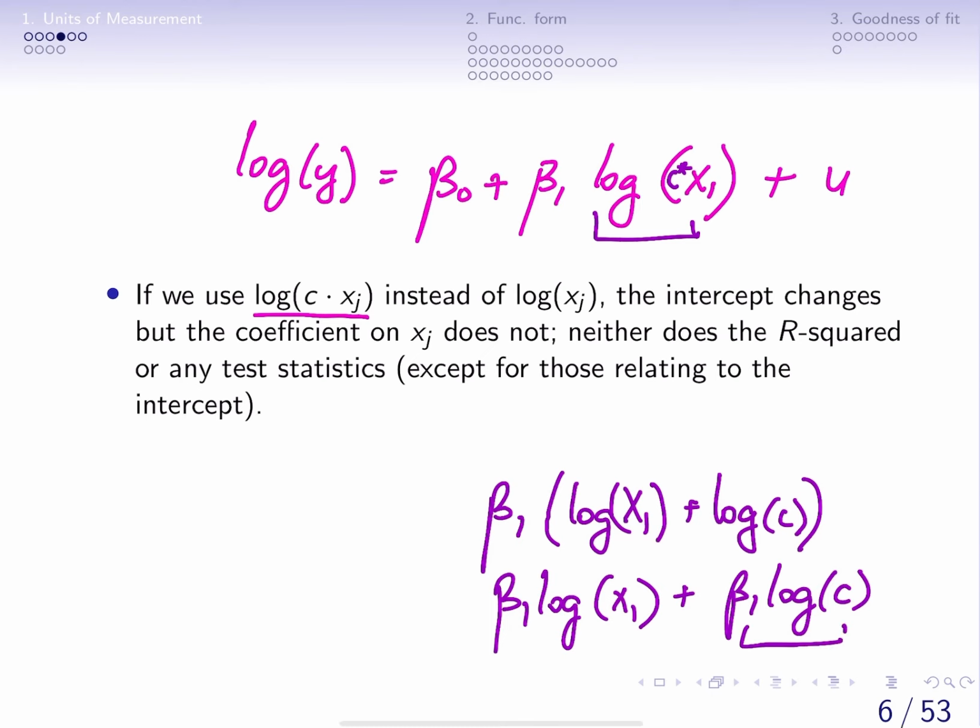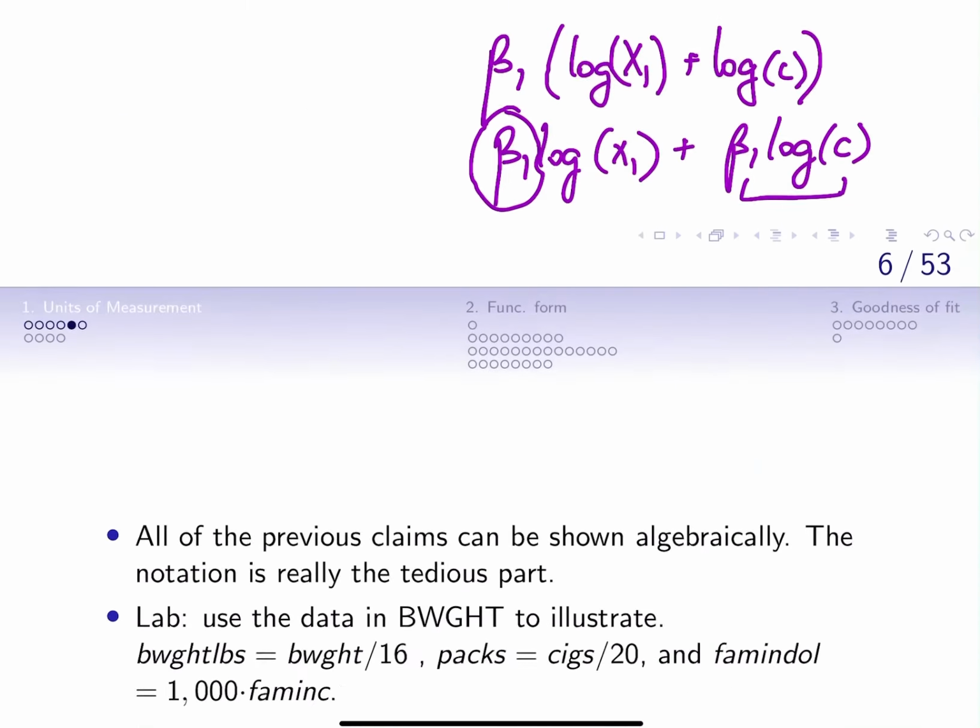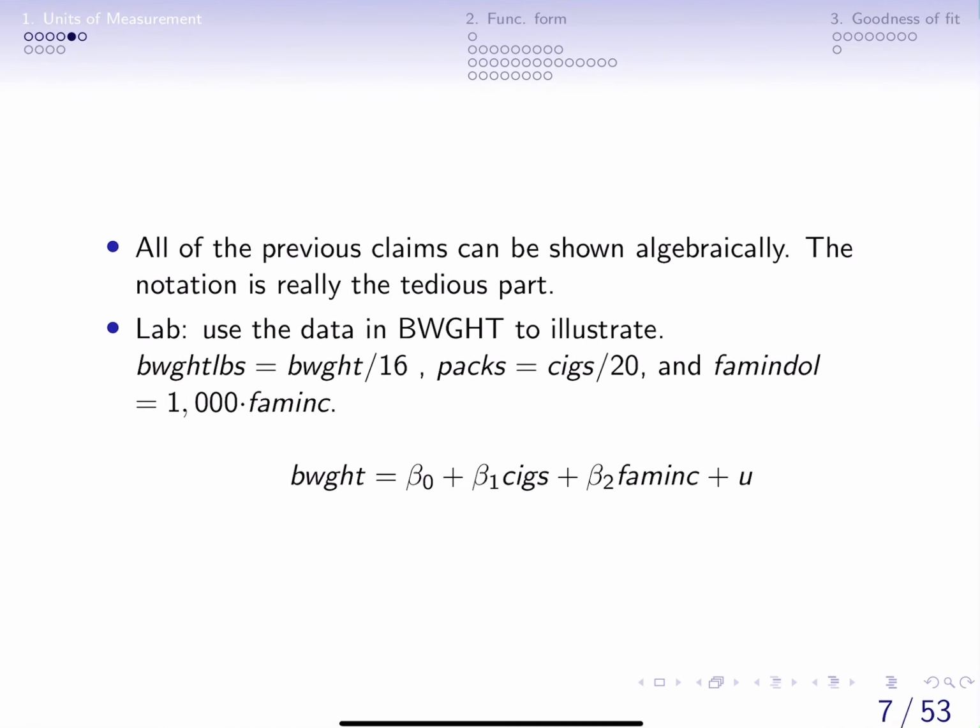So this just gets added to the intercept, beta naught. And so the intercept would change, the coefficient on xj will not, right? This stays beta 1, just like before. And neither would the R squared or any test statistic like the T or F statistic would change, okay? So only statistics related to the intercept would change.